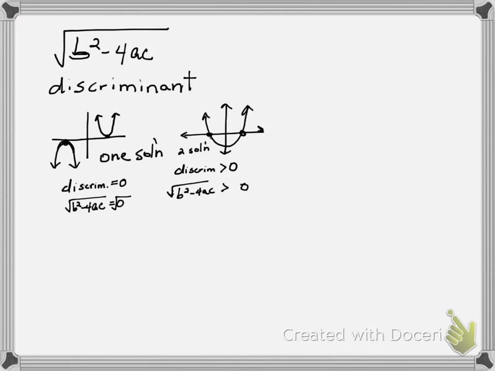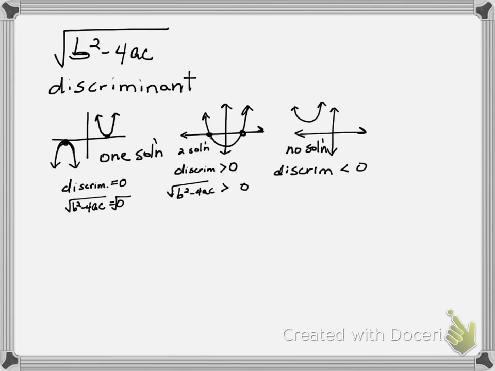Now, if it's a negative number under that discriminant, that's the kind of graph, remember, that doesn't touch. And if you remember, that was no solution. There's no real solution, and we haven't learned complex numbers yet. So the discriminant under the radical is less than 0, or it's negative.